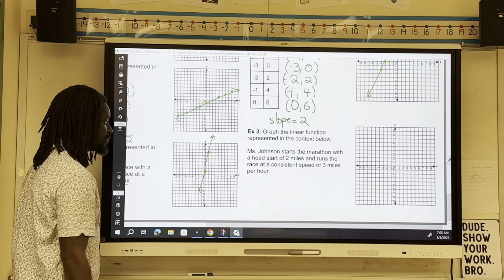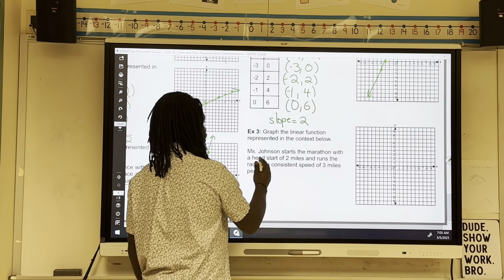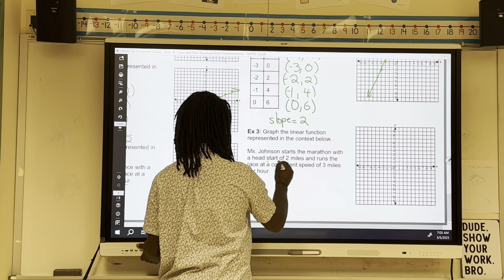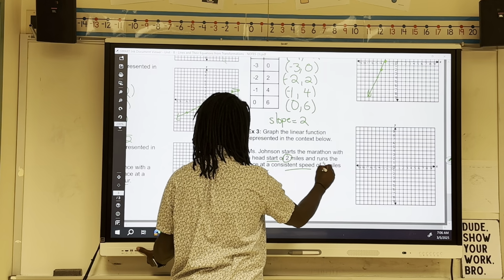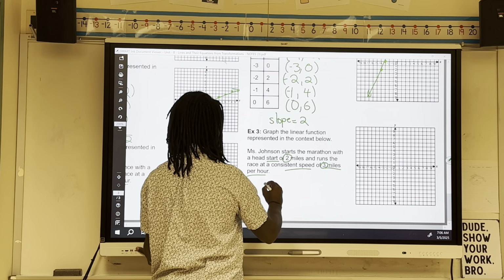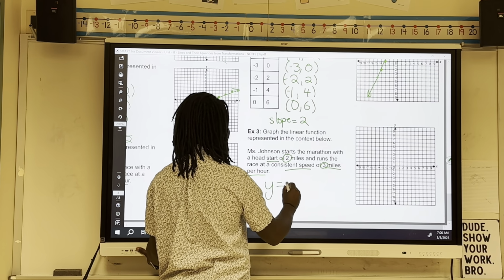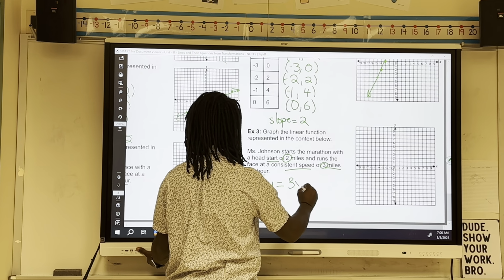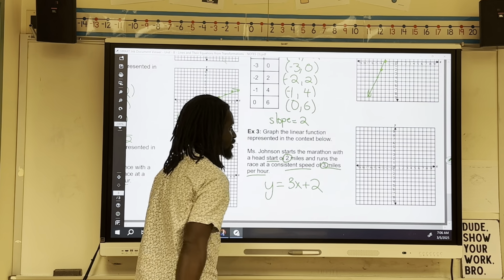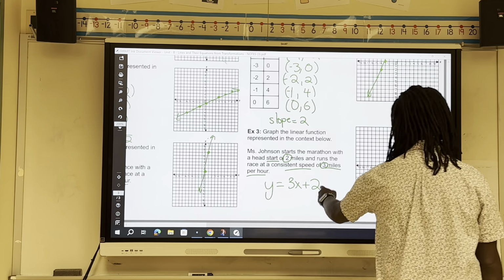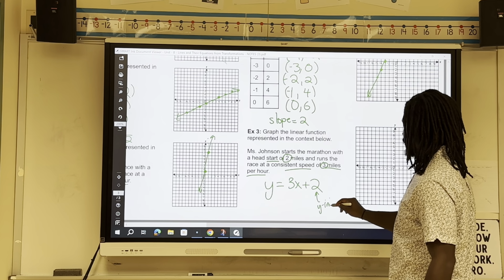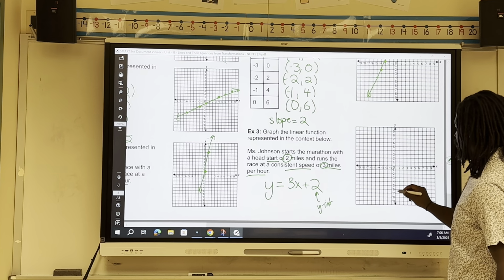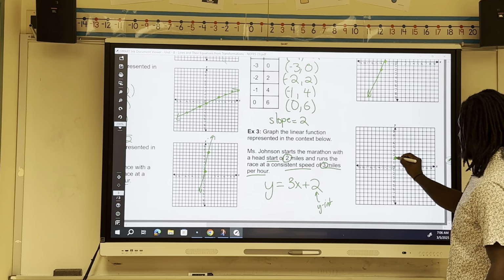All right, and then same type of a problem. Ms. Johnson's running a race. She starts with 2 miles head start and then runs at a constant speed of 3 miles per hour. My equation is gonna be y equals 3x plus 2. Okay, that is her starting point. So the 2 is the y-intercept. That is what we're gonna graph. So it crosses the y-axis at 2, right? Put a dot there.